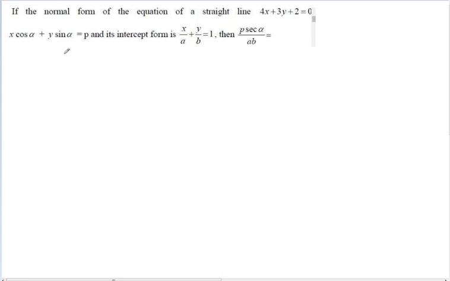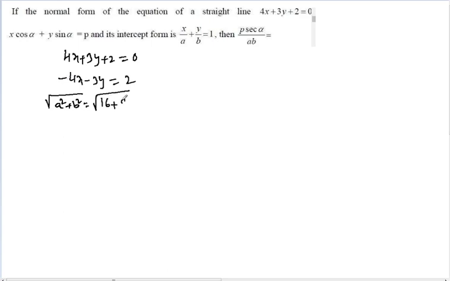Here is given the straight line 4x + 3y + 2 = 0. Normal form of this, that is -4x - 3y = 2. Dividing the equation by root of a square plus b square, that is root of (-4) whole square 16 plus (-3) whole square 9, that is root 25 equal to 5.